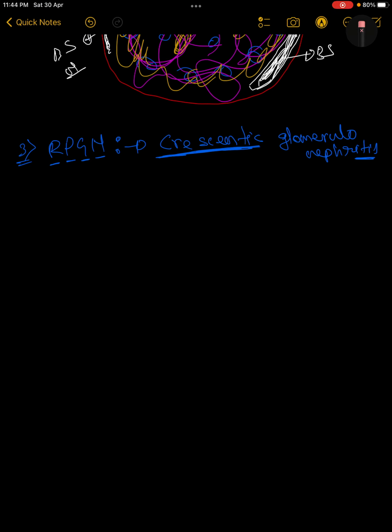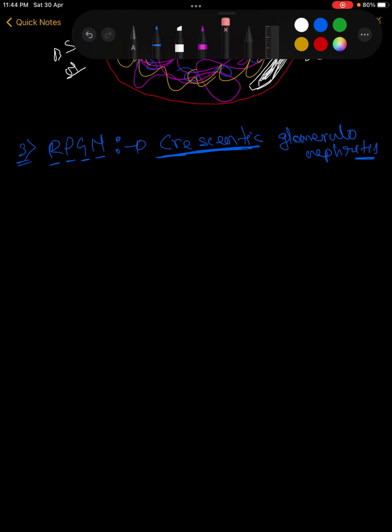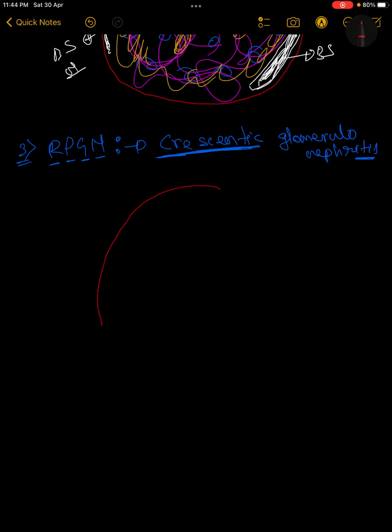Now, first point you got. So this is our parietal epithelium, okay.